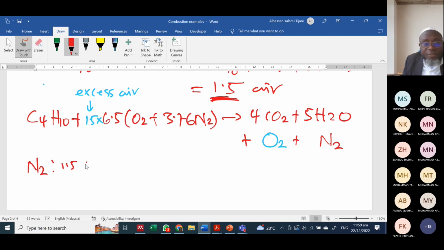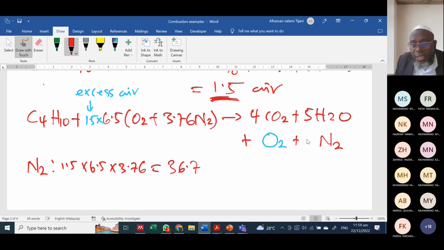We have 1.5 times 6.5 times 3.76. This gives me 36.7 moles of nitrogen at the reactant. So we just put the same thing here, 36.7 at the product.